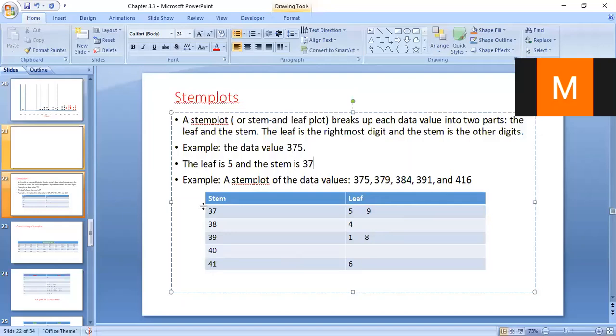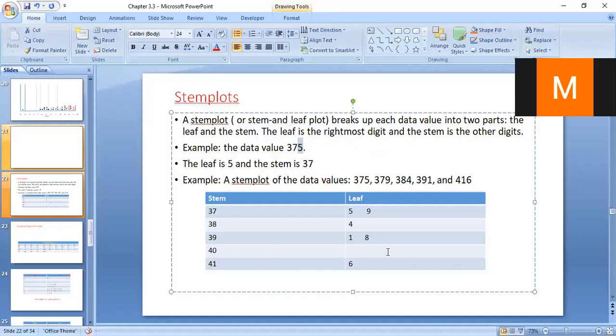Stem block is when you break up the data into two parts, the leaf and the stem. The leaf is the rightmost digit, and the stem is the other.